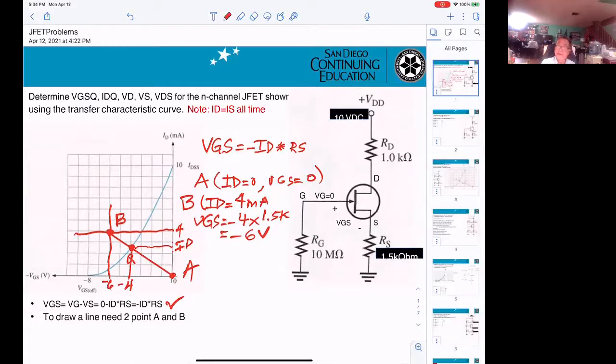That's how we get the value for ID Q or VGS Q. Normally, if you want to get a good answer, you have to bring that out and draw the line. That will be easier.